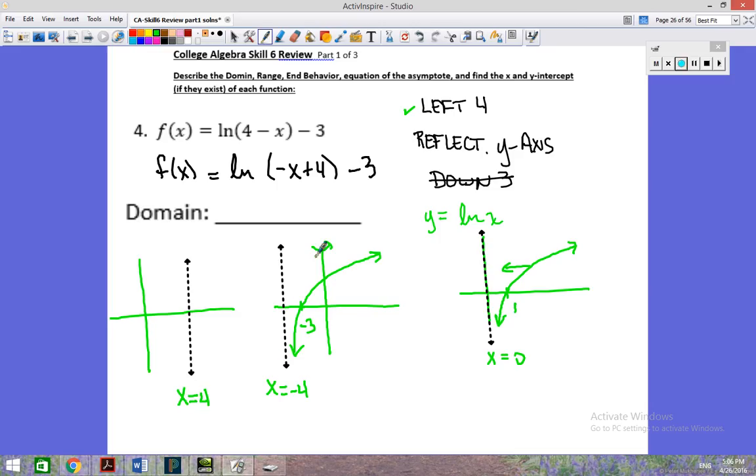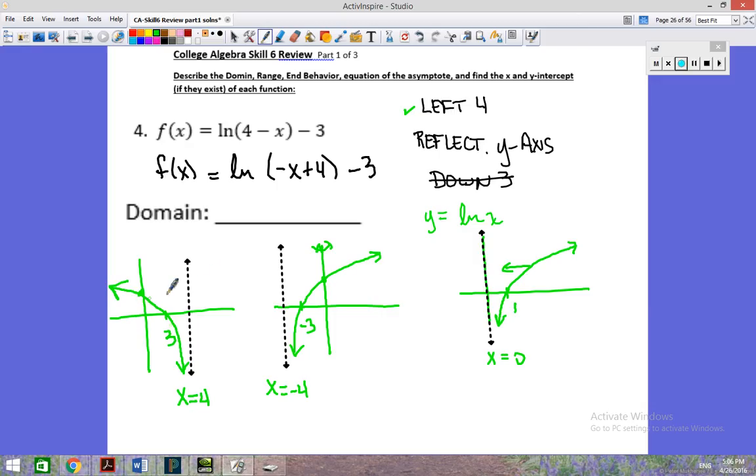This vertical asymptote got reflected across the y-axis, and it's now over here on the right side at x equals 4. Now this graph also spun around. It's going to have that same y-intercept there, but this negative 3 is going to come over here, and it's going to be a positive 3, and my graph is going to look like this.